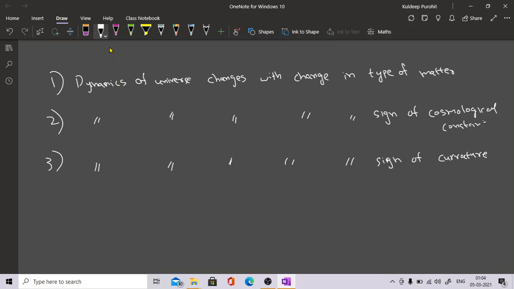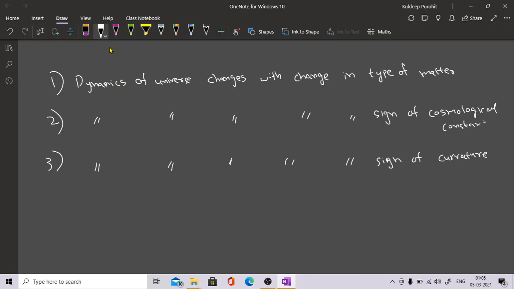All these things are very important when you are understanding the dynamics of the universe, and the values must be chosen carefully. It is not necessary that the value of k will remain fixed at all points. It may happen that it was negative or positive at earlier times and now it has become 0.